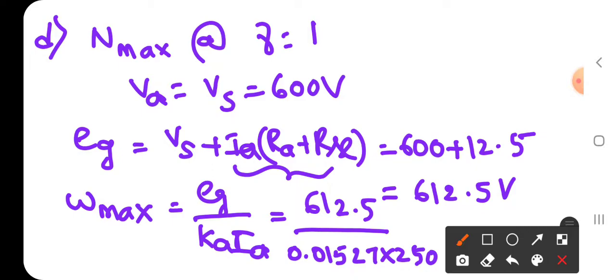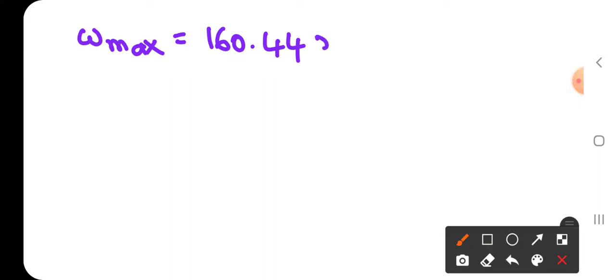Maximum speed omega max is equal to 160.44 radians per second.